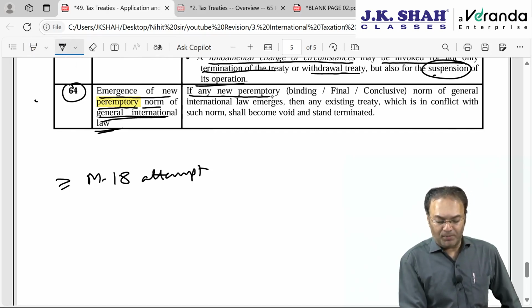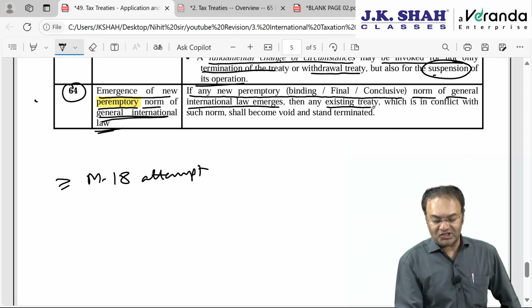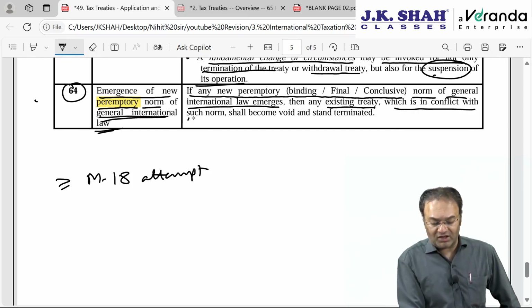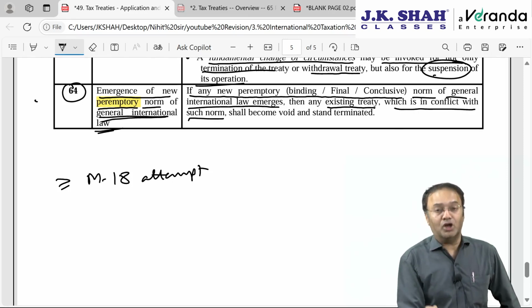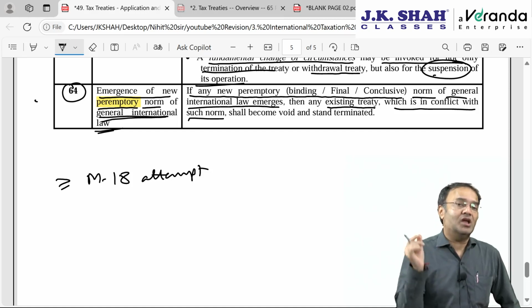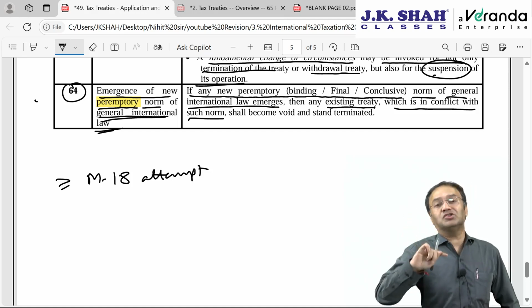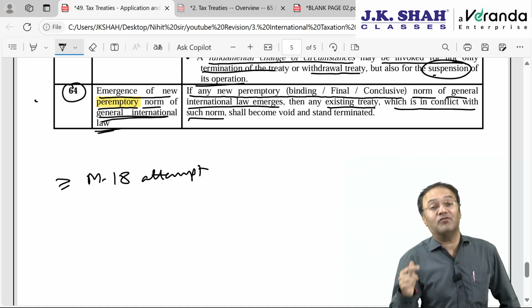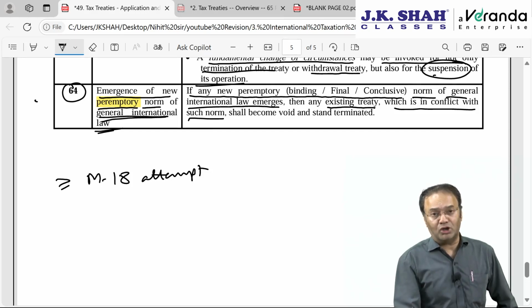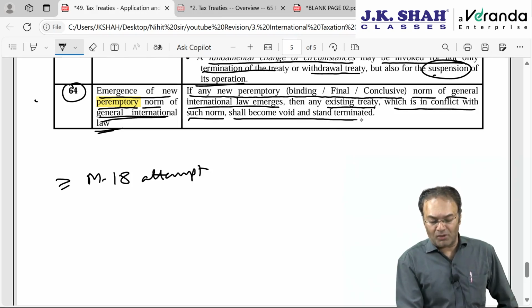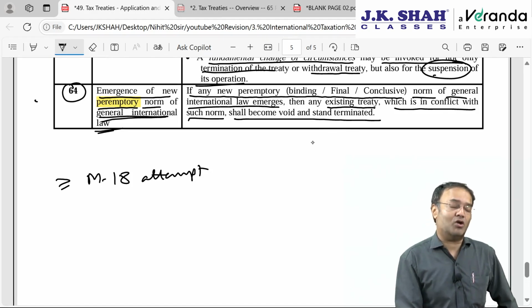It says if any new peremptory, that is binding, final, conclusive norm of general international law emerges, then an existing treaty which is in conflict with that norm, a new law has come internationally and the existing treaty is not in accordance with that norm or is contradicting that new norm, then the treaty shall automatically stand terminated.